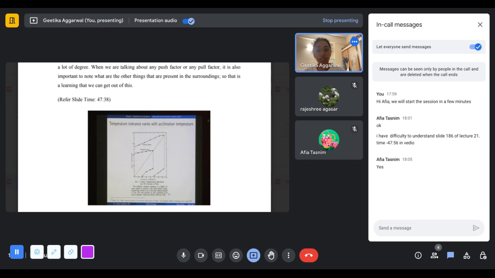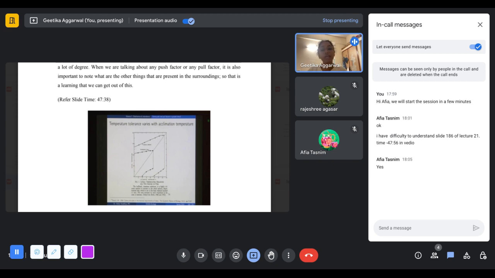But if you allow the species some time to acclimatize, for example, you increase the temperature in steps, from 20 to 22 and then 26, letting the species acclimatize at 22 for some time before increasing it to 26, then the species will have a better chance of surviving. So acclimation basically means you let it get used to that particular temperature before increasing it further.